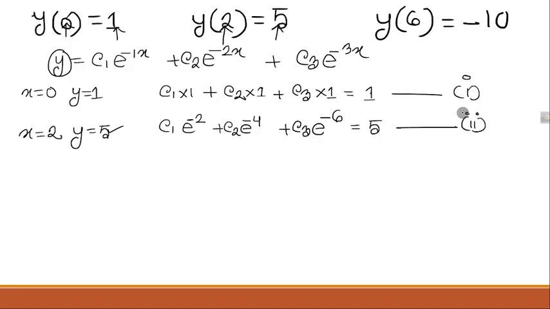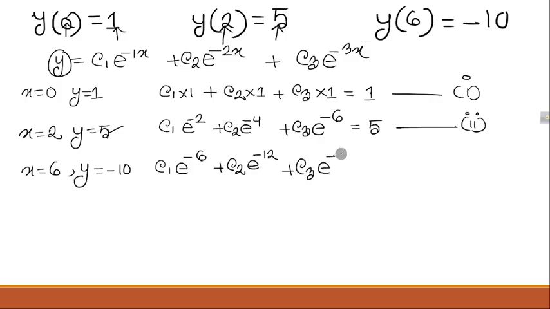This is equation 2. And then when x is equal to 6, y is equal to minus 10. So c1 e to the power minus 6, plus c2 e to the power minus 12, plus c3 e to the power minus 18 is equal to minus 10.